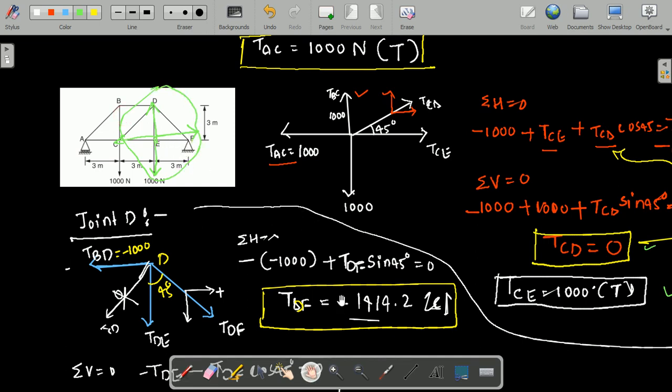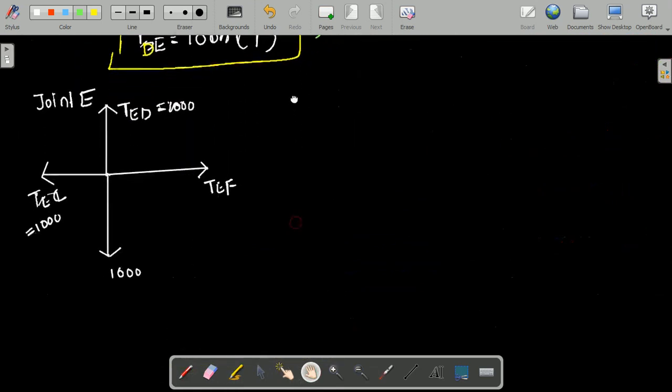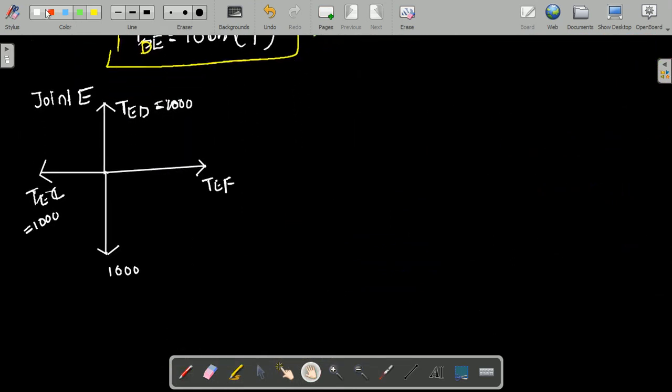That unknown I need to find out by applying the equilibrium condition. Just observe, we want TEF only. All the other things are known, so there is no need of applying summation of vertical force is equal to 0. I am applying summation of horizontal force is equal to 0.